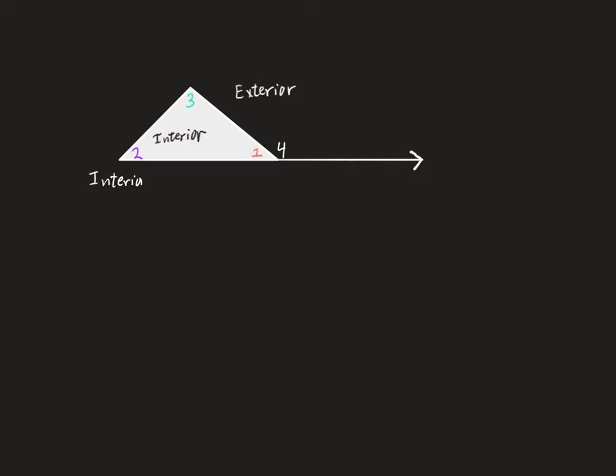So let's go ahead and write out those definitions. The interior angles is formed by two sides of a triangle. So it'll be angles 1, 2, and 3.